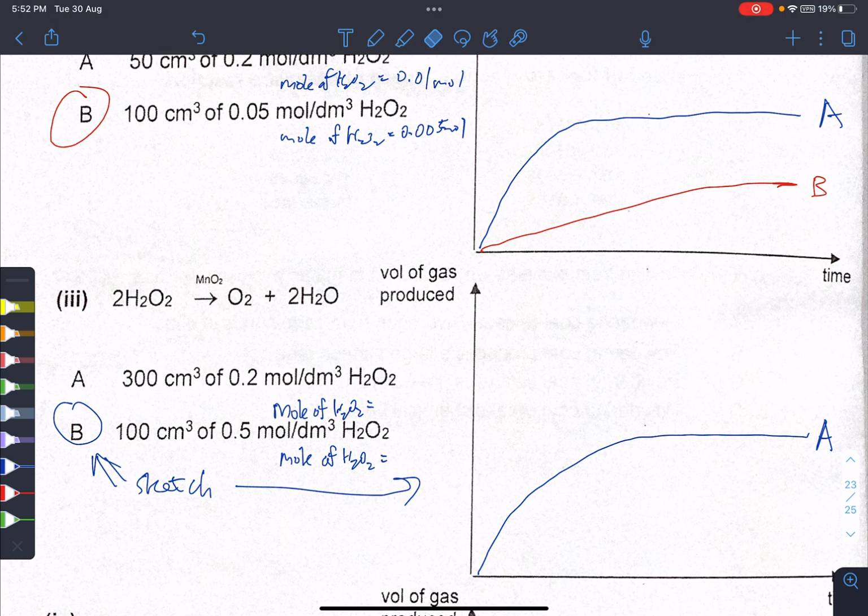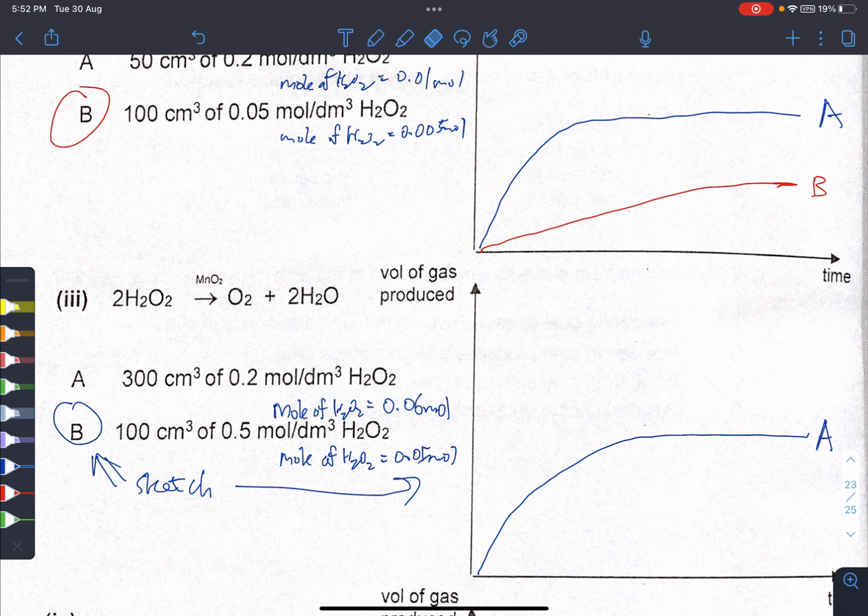There is no limiting or excess here because limiting and excess is basically when you have at least two reactants. In this case, one reactant, what limiting, what excess? That one thing will confirm finish. So you have to find the mole because you don't know how. When you find the mole, you realize, I started off with 0.06 mole.